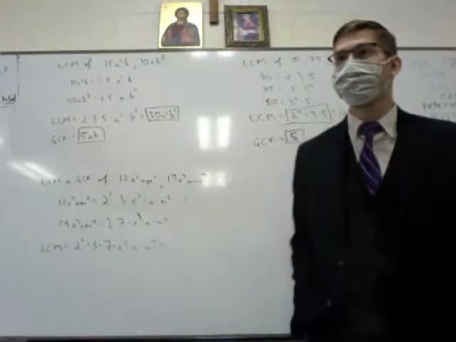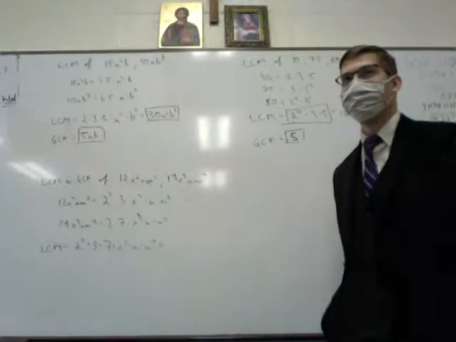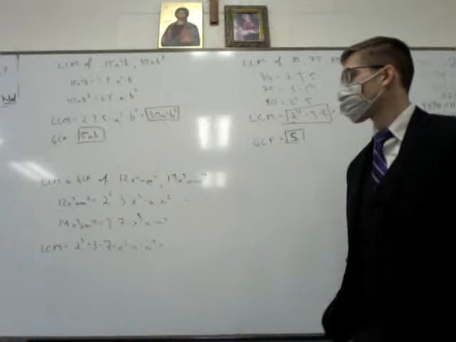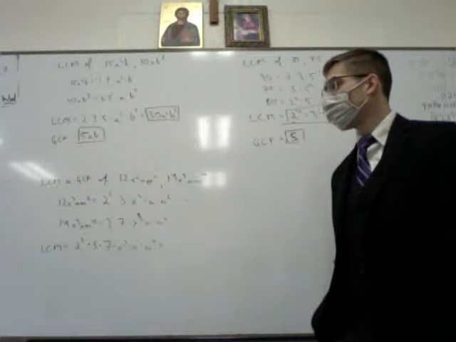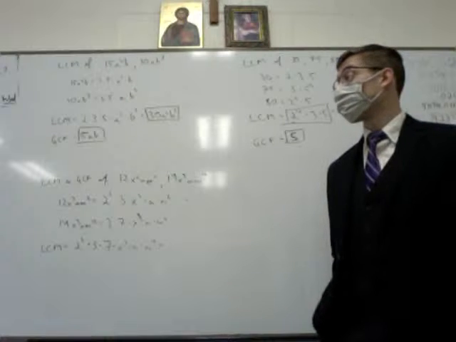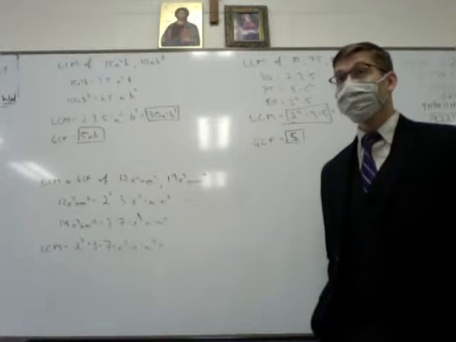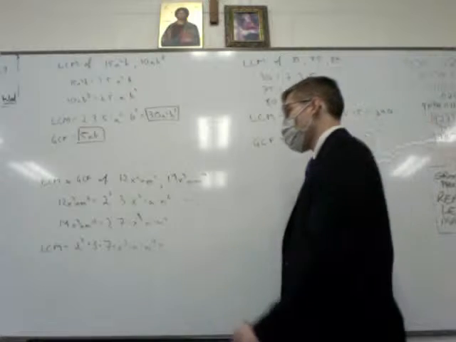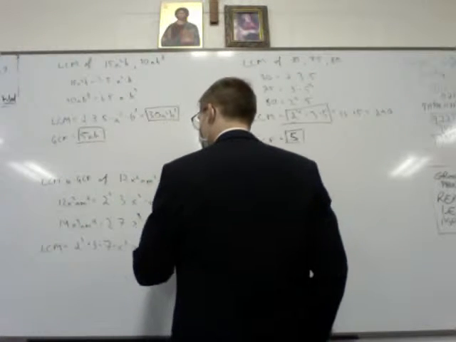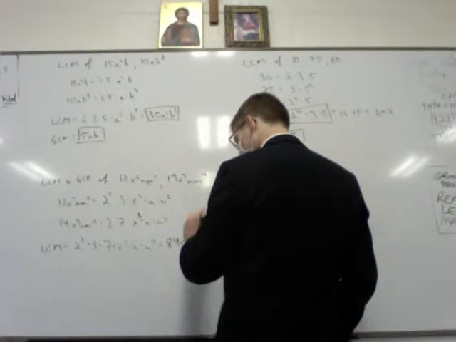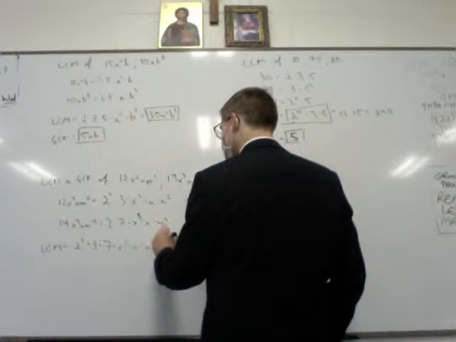What's 2 squared? 4. What's 3 times 7? 21. 21 times 4 is 84. So 84x cubed am to the fourth. There's your least common multiple.